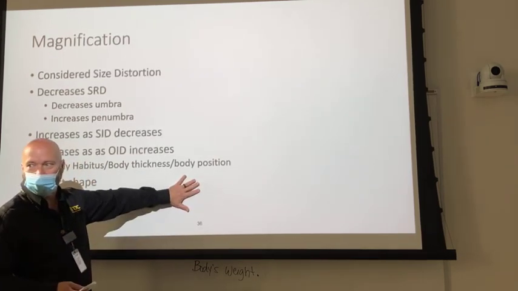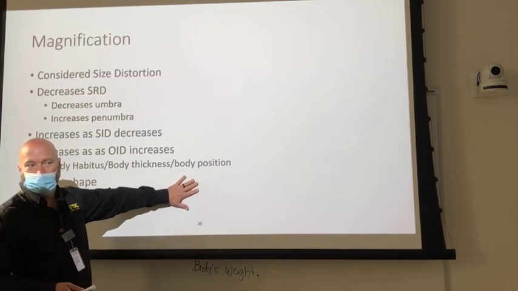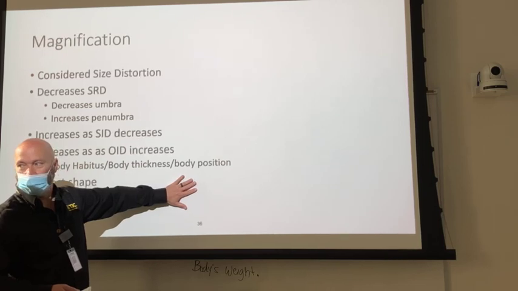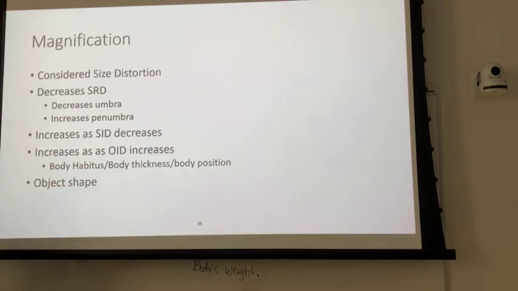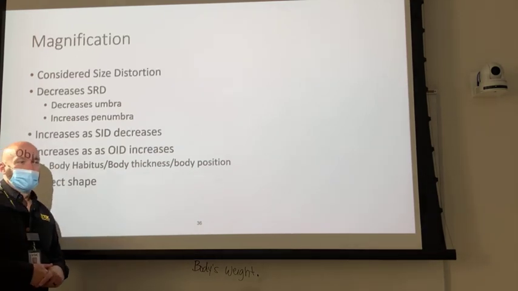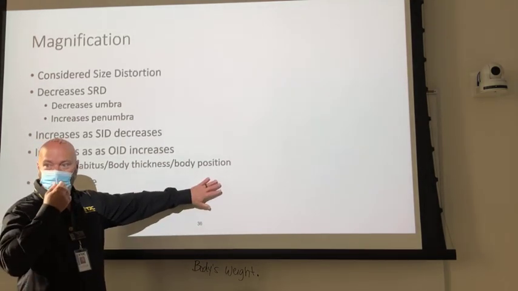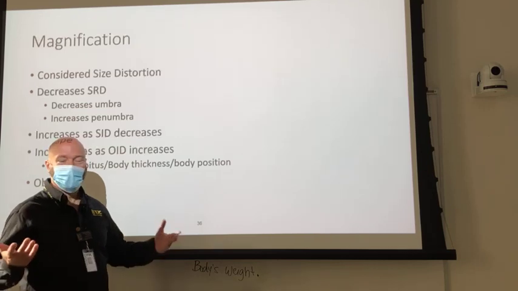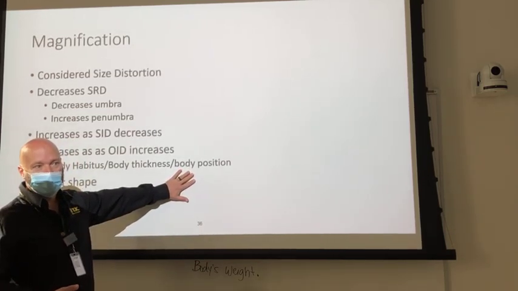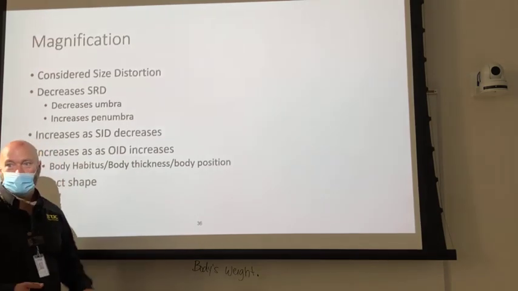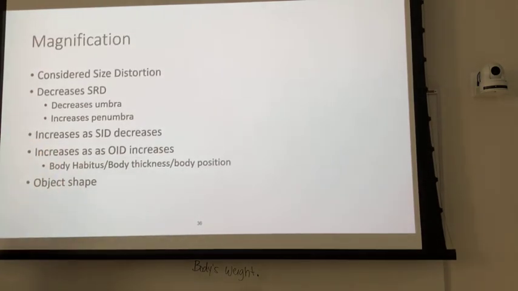My hand, am I going to have magnification in my hand? What are we primarily looking for in the hand? The bones, right? Are my bones right in contact? No. So they've got some increase in OID. Is it significant? No, not really.